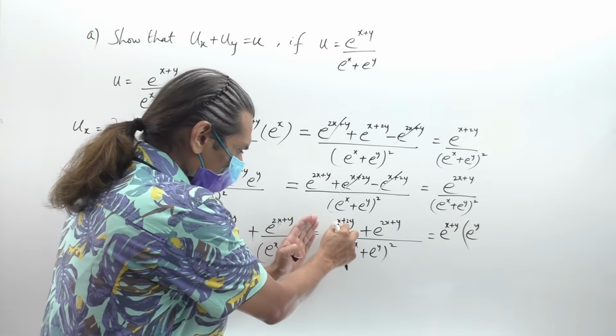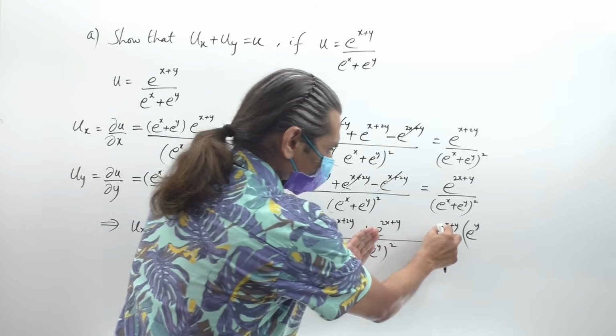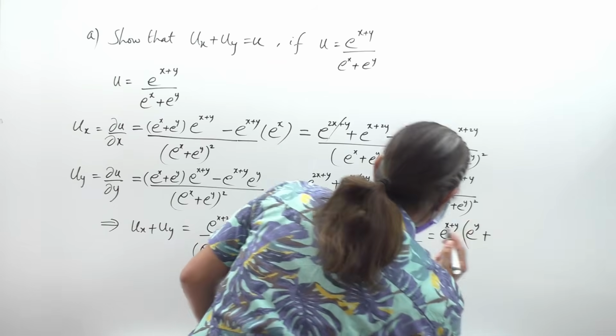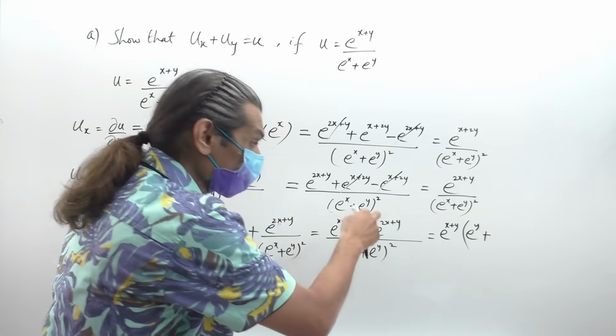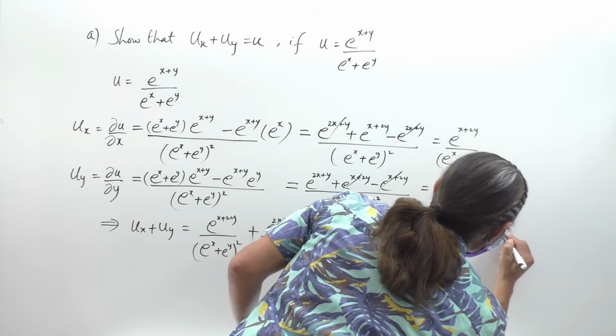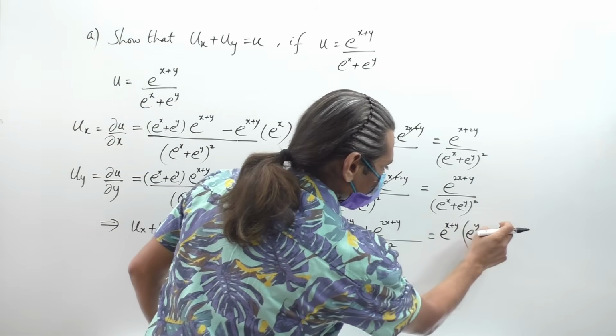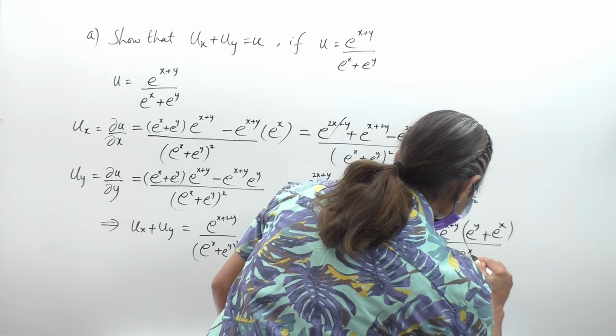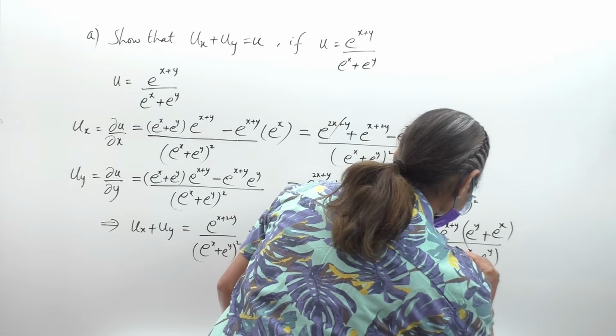Because x plus y into e raised to y is x plus 2y. Plus, again here e raised to 2x is there. So I taken e raised to x plus y outside. What is inside? It will be e raised to x, because x plus y plus x becomes 2x plus y. That's it. So upon (e raised to x plus e raised to y) the whole square.